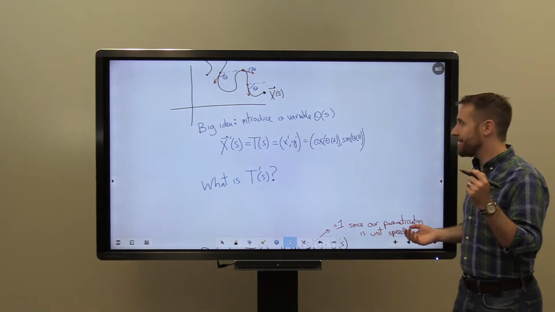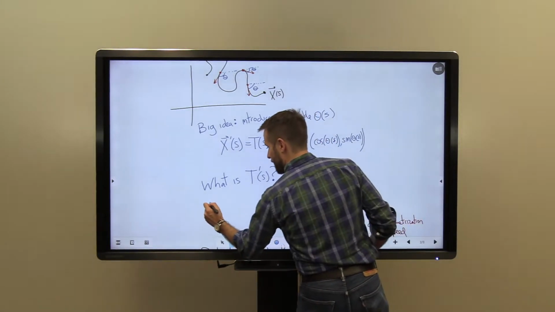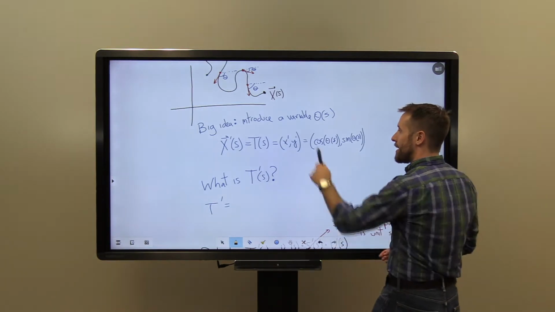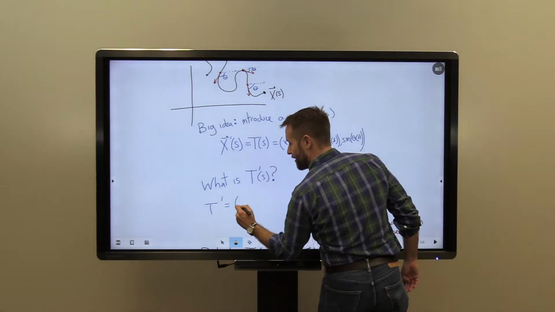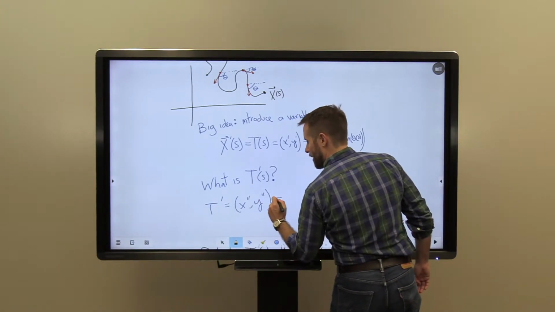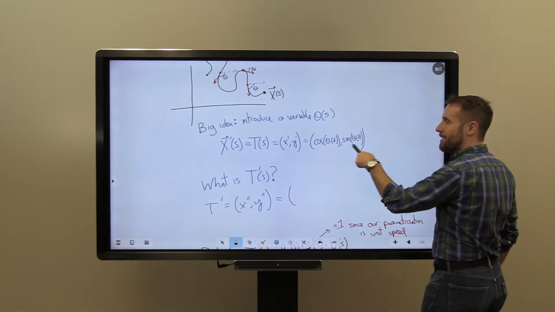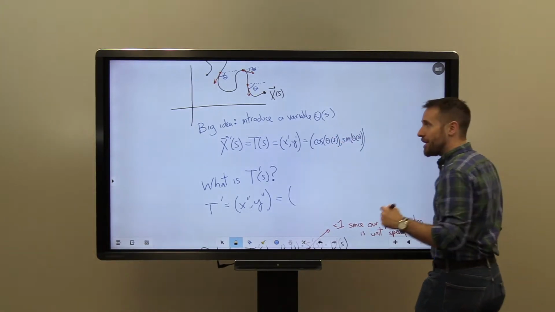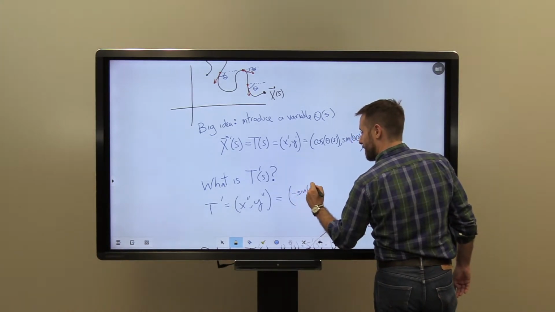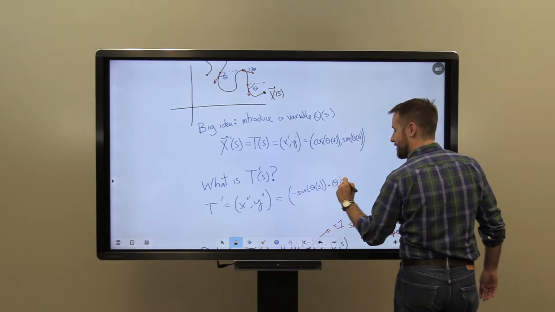So if we calculate t prime, what we'll see is that t prime is equal to x double prime, y double prime, but that is going to equal, if I take the derivative of this, and this is an s derivative, then by the chain rule, this will become negative sine of theta of s times theta prime of s.